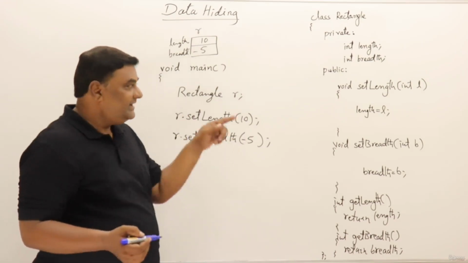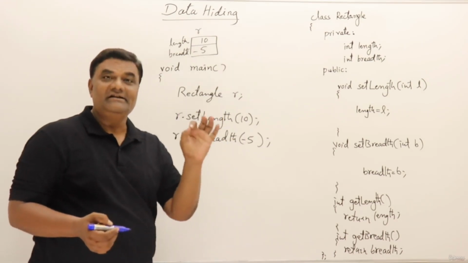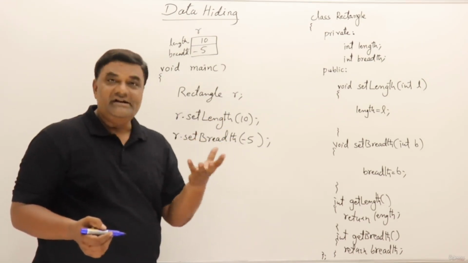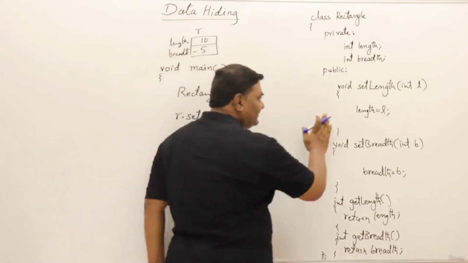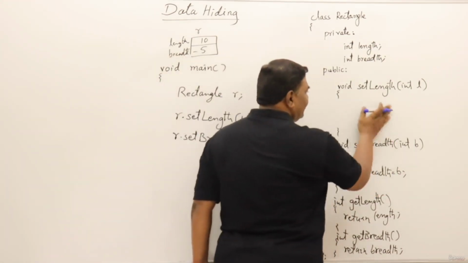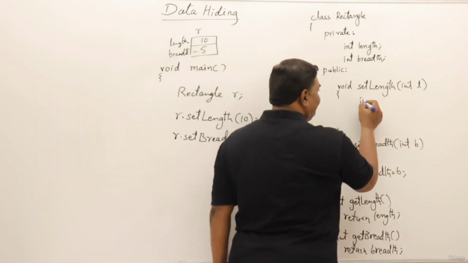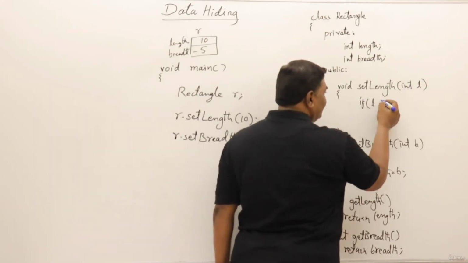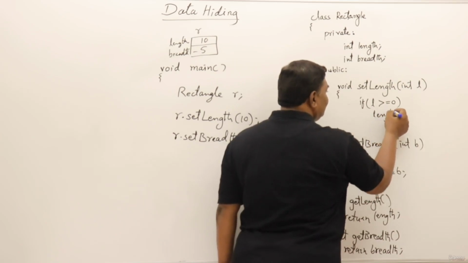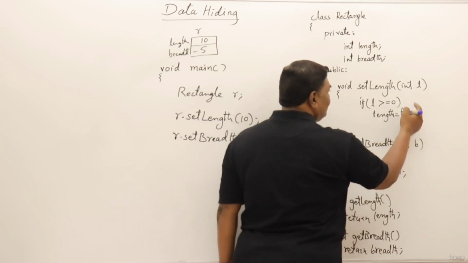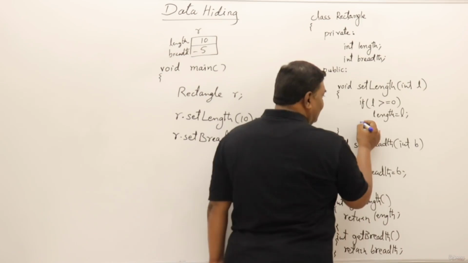Now I will make those functions a little intelligent, to check what data they are getting and then set it. So I will write down the code. Check this one. I will do it for length first. If L, the value that we are getting, is greater than or equal to 0, then set length, assign L, whatever the length is given.